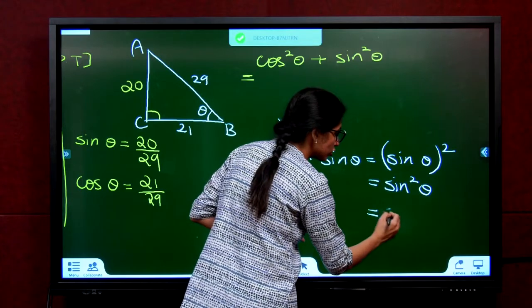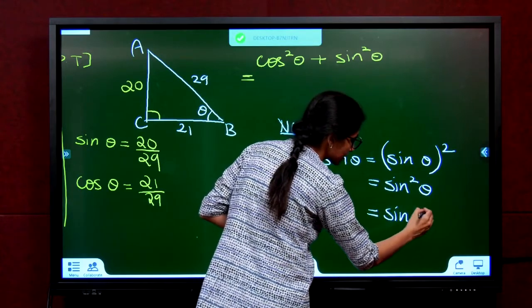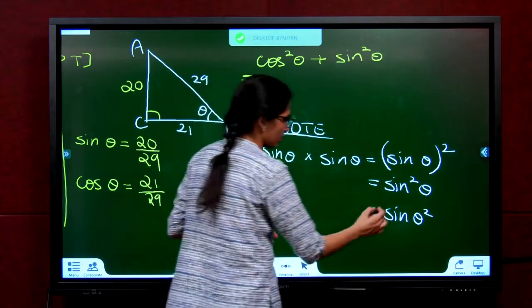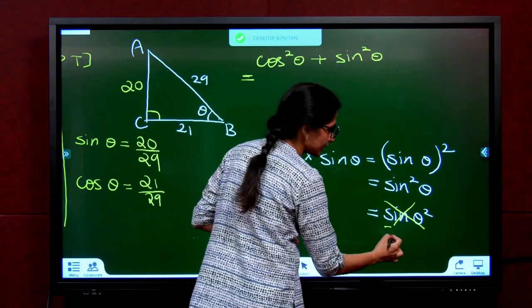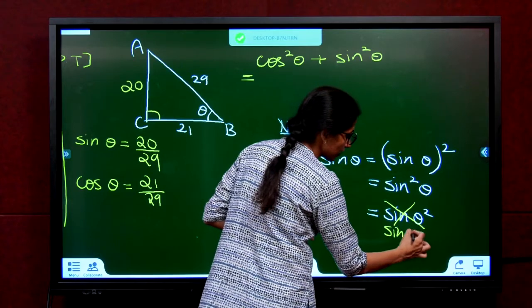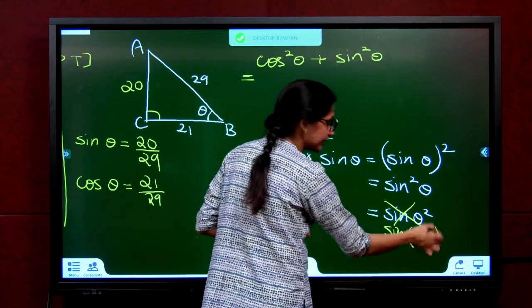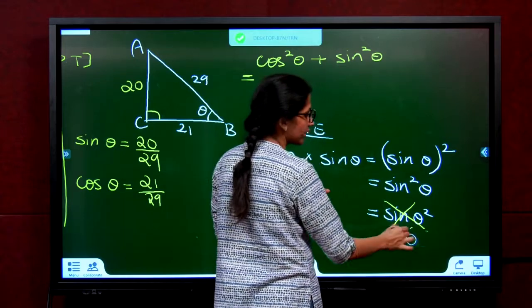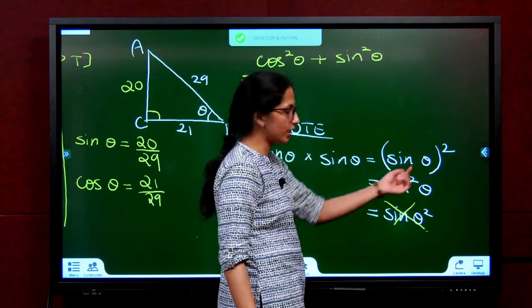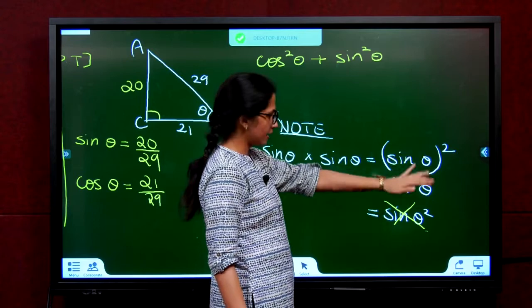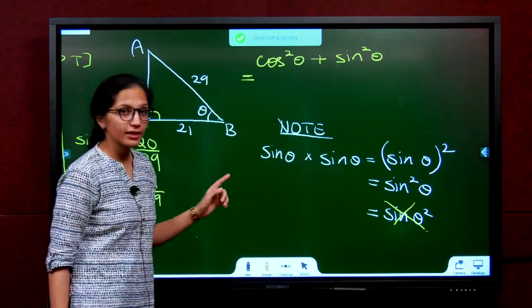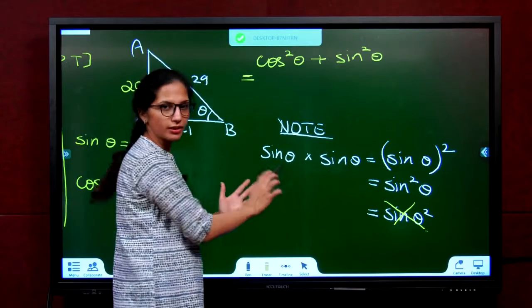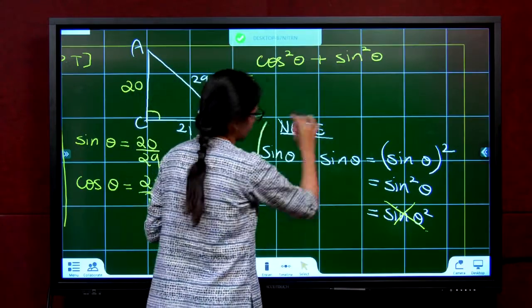But by mistake if you write it like this, sine theta square, wrong. Why? This means you're taking sine theta square, theta into theta. You're sending theta into sine. No, it's wrong. So you have to either put brackets and put a square or put the square in between. This means the same. So now is this fine till here? Sine square theta means sine theta the whole square. Please note it down.